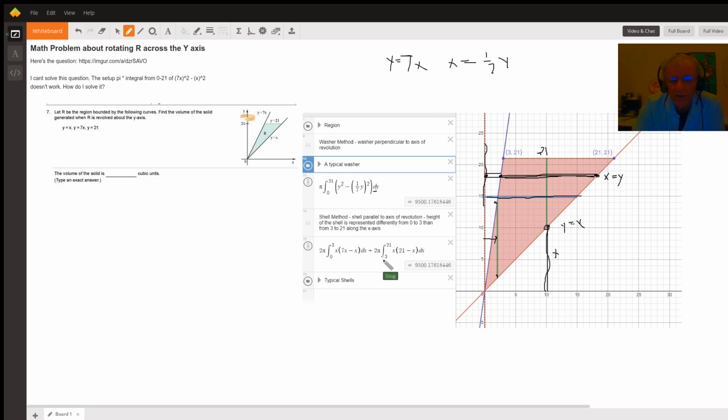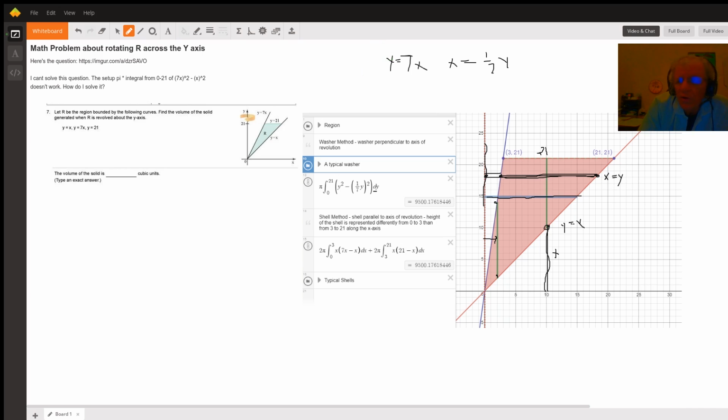So there are your two possibilities for solving this problem. Obviously, the washer method is a little more convenient to use, but you have to understand how to solve for x in terms of y, and then integrate with respect to y.